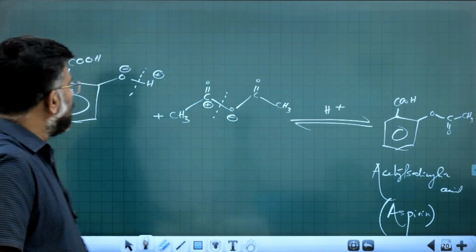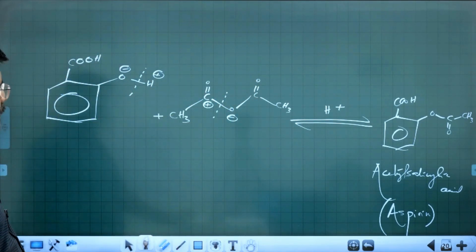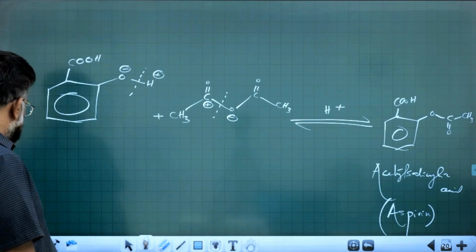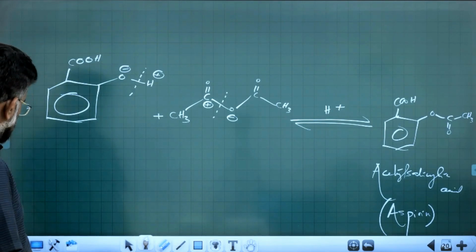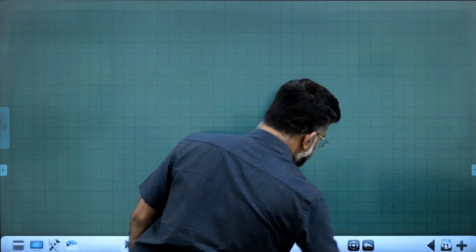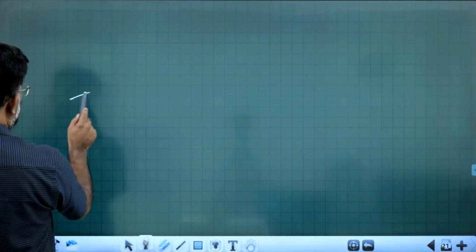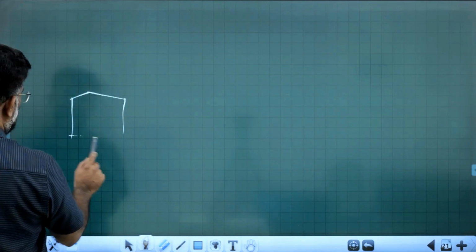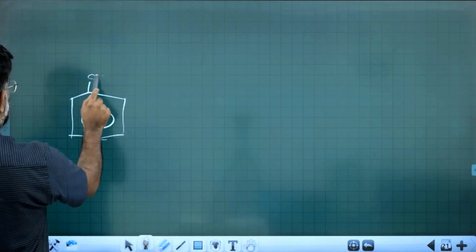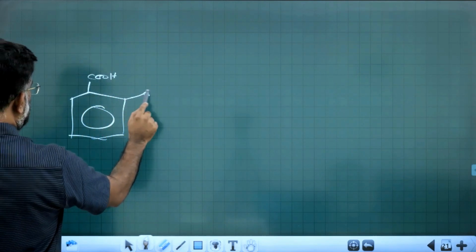Okay. So that is a typical industrial application of esterification to give aspirin, also called acetyl salicylic acid. Now you can think about, suppose salicylic acid is treated for esterification. What can be the product you can think about? I am not commenting anything. This is salicylic acid, COOH, and this one OH.